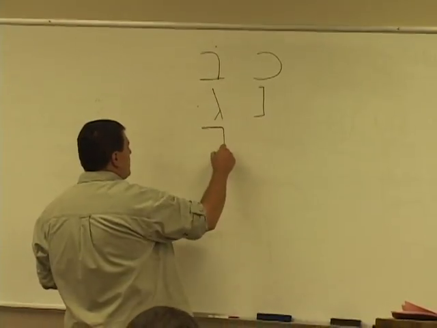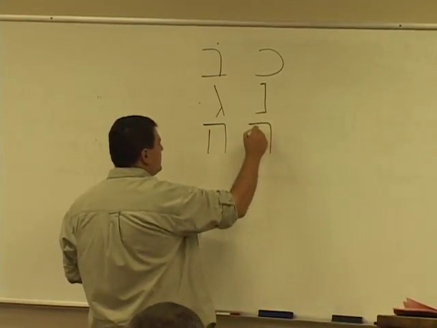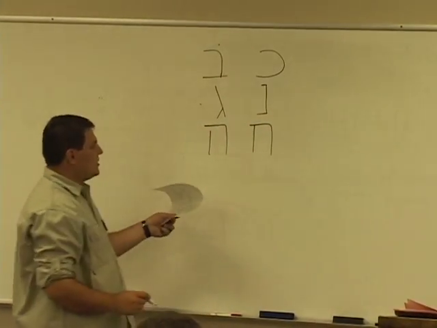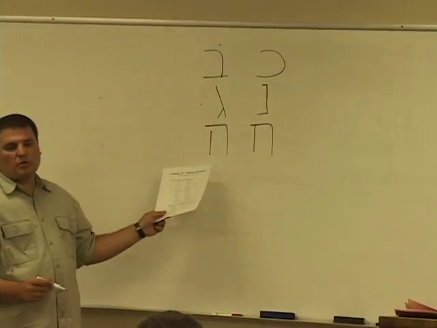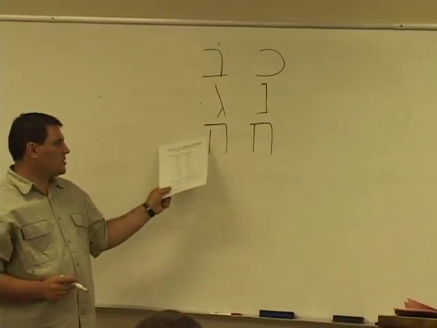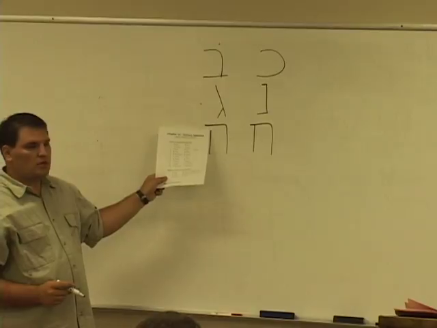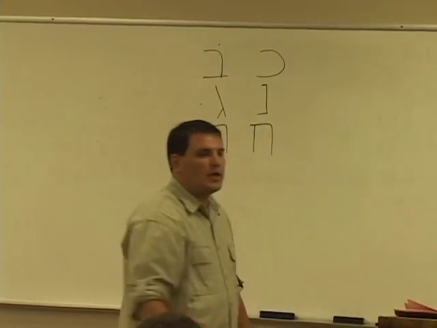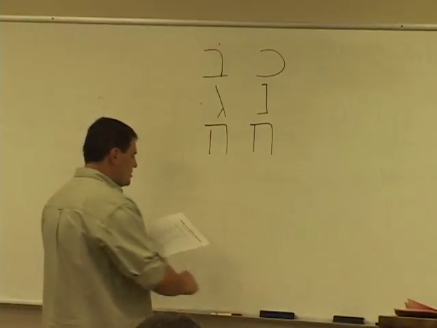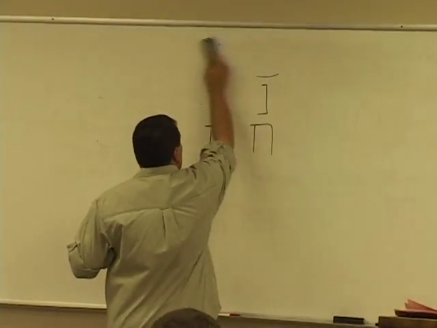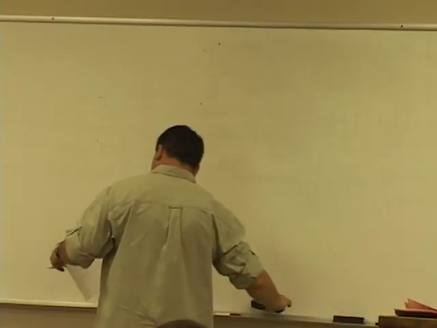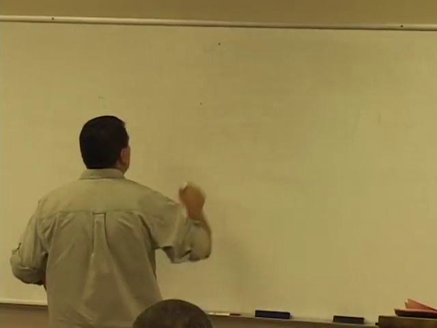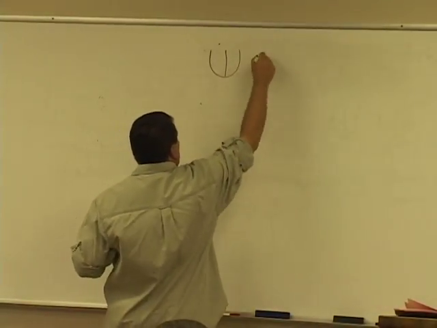Then the next pair is hey and chet. As you can see, they're virtually similar looking letters, with the exception of this little space between the horizontal and vertical lines in hey. Okay, the next three pairs are sin and shin. We already discussed the difference between them.